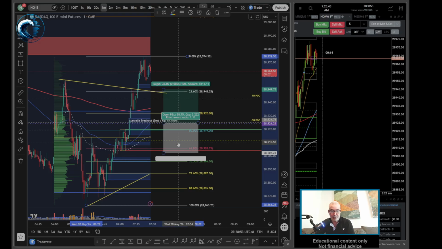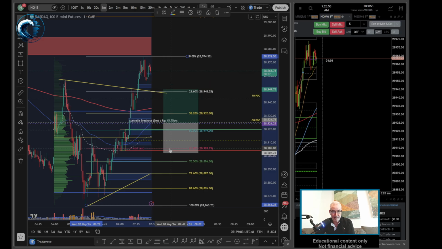And then we've got a bit of a buffer from the overnight POC, the current session POC, and the bottom of this ORB. I really like this trade setup actually.